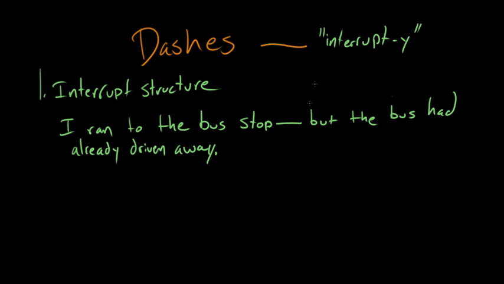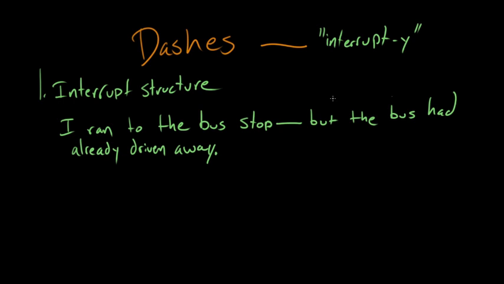This is kind of like an abrupt cut off. So like the comma, the dash is uniting these two independent clauses. I ran to the bus stop, the bus had already driven away. So comma, but would connect those two independent clauses the same way that dash, but is connecting those two clauses. But it has a slightly different connotation. It's just more abrupt in the way that it connects these two things together.